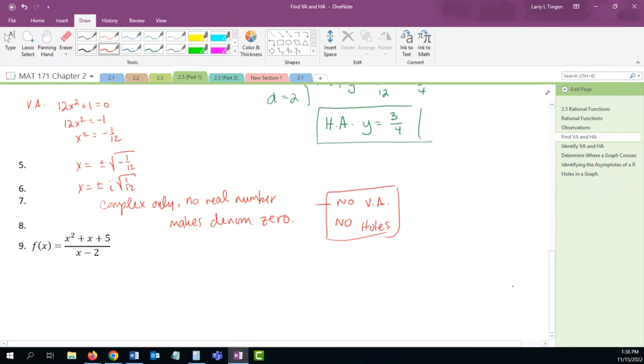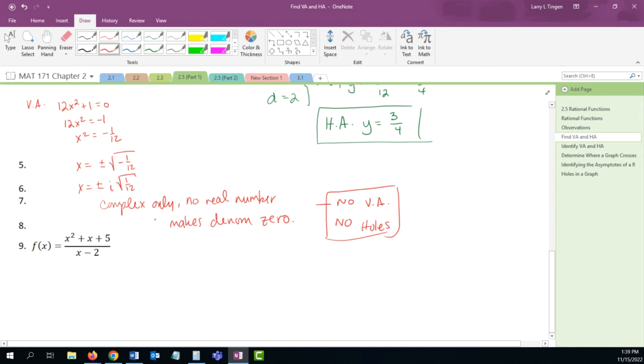And then lastly, x squared plus x plus 5 divided by x minus 2. Does the numerator factor? X squared plus x plus 5. Are there two numbers that multiply to 5 and add to 1?